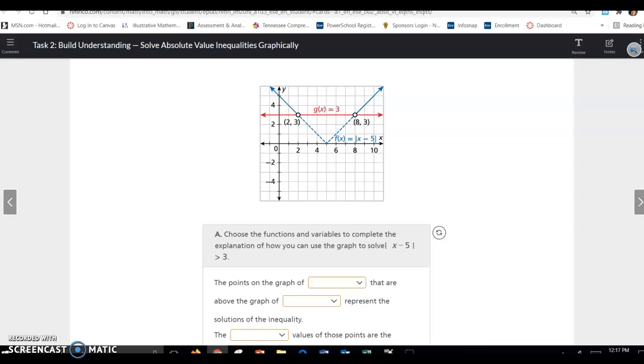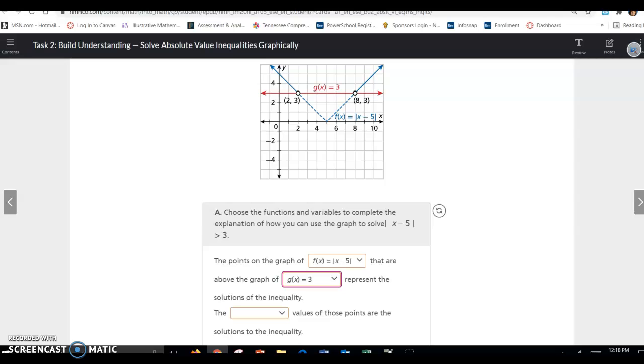It says choose the functions and variables to complete the explanation of how you can use the graph to solve absolute value of x minus 5 greater than 3. All right, so the points on the graph of f of x that are above the graph of g of x represent solutions of the inequality.